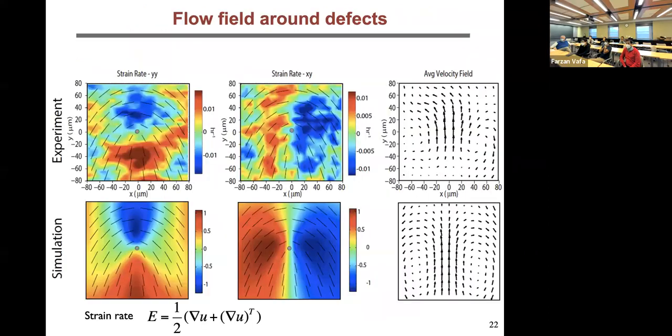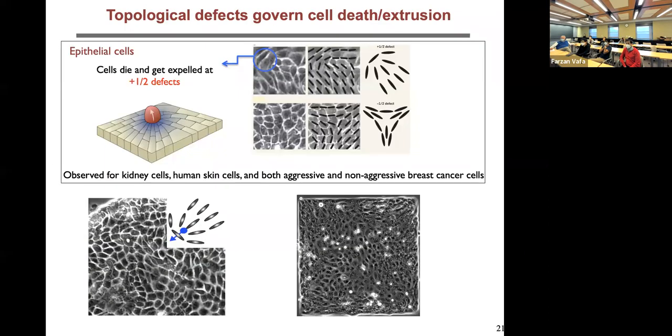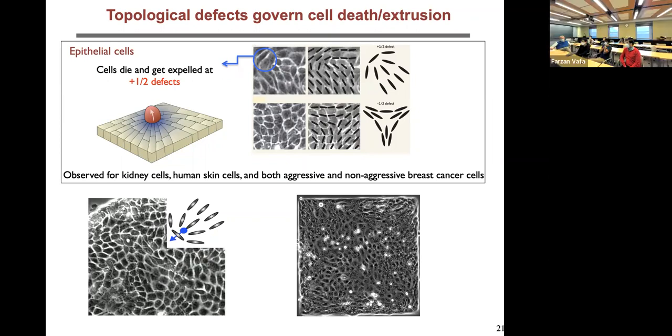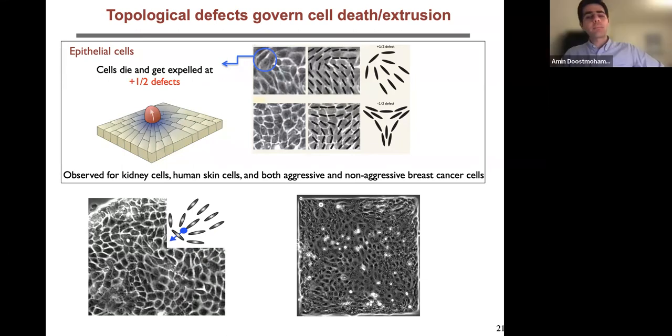Sorry, is it an overwhelming majority or is it slight? About 70%. And then do you see an anti-extrusion tendency at the -1/2 defect? In the initial work that we did, we did not observe any depletion or any extrusion at the -half defect.